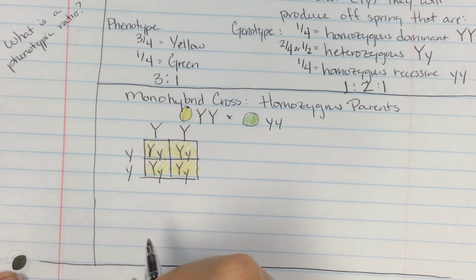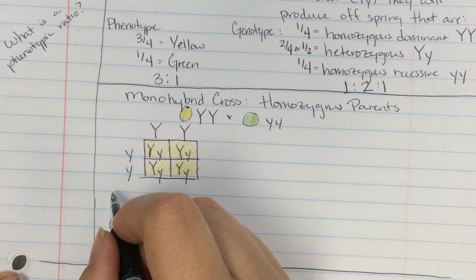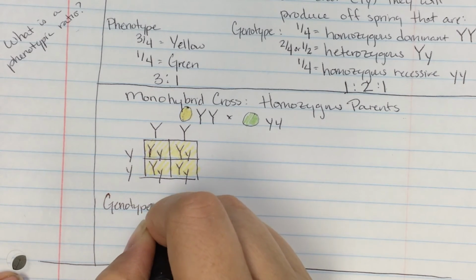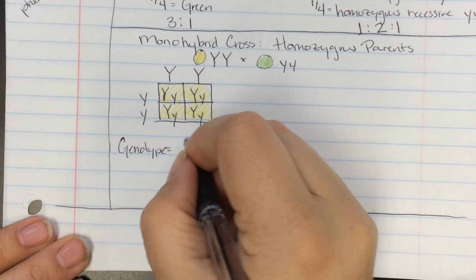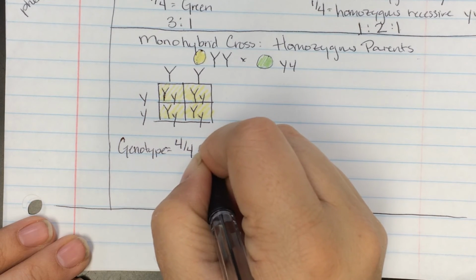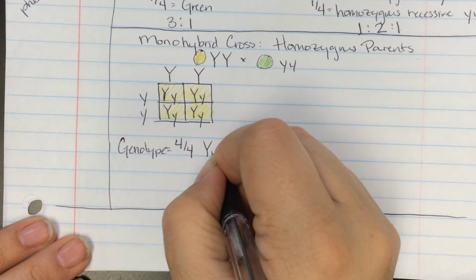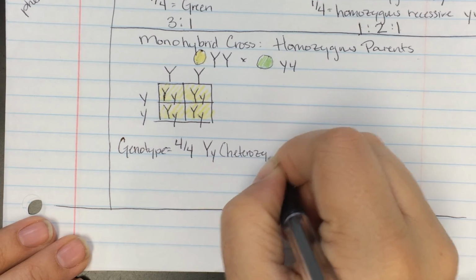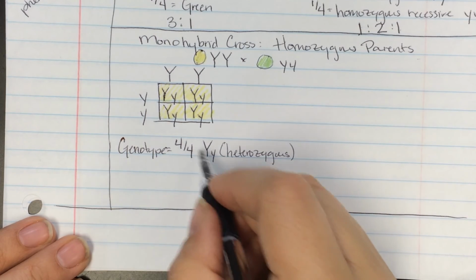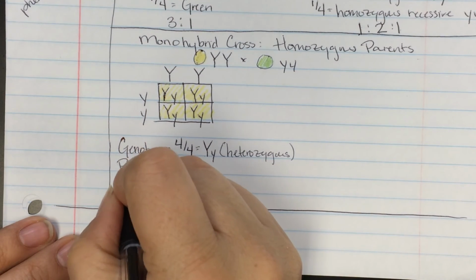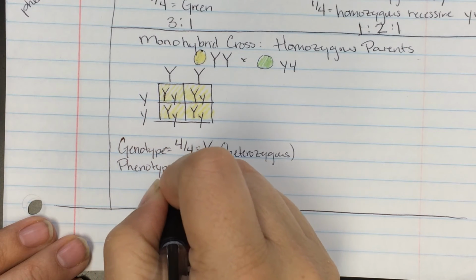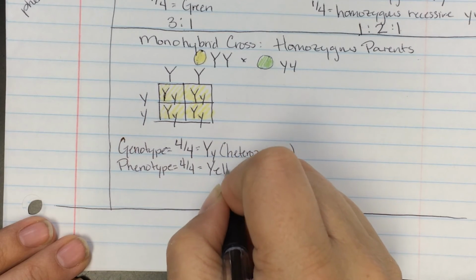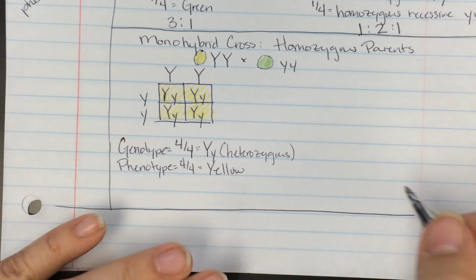And so our ratio for the genotype is that we have 4 out of 4 are big Y, little y, which is heterozygous because we have the 2. Our phenotype is also 4 out of 4 for yellow. So we would see 100% of each one.